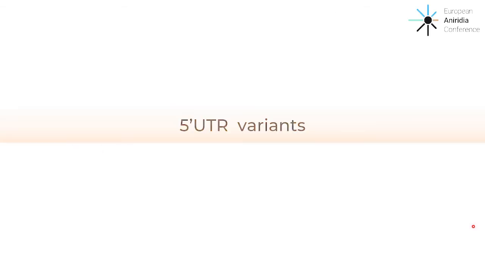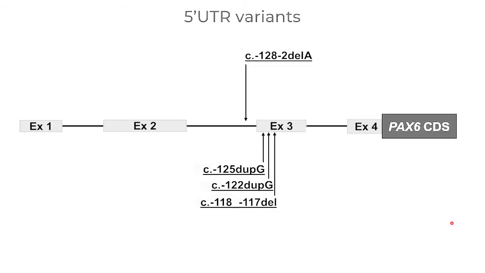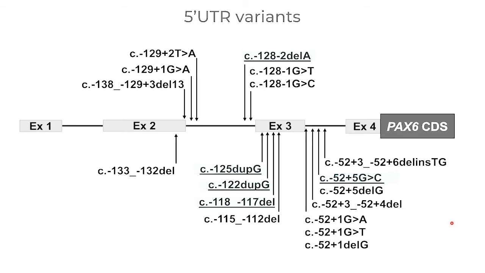The second interesting group of PAX6 variants are variants located in 5' untranslated region. We found 4 such variants in Russian patients. Additional 14 variants were also reported in the literature, but the mechanism of their pathogenicity was unclear. We performed a functional study for 5 such variants.